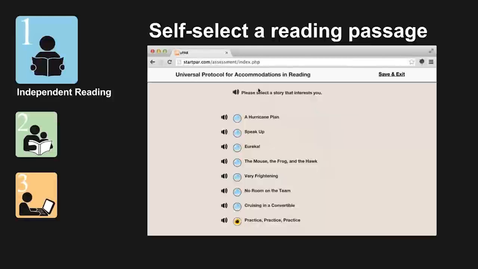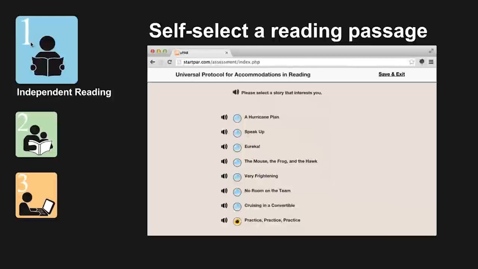The students will see screens that look like this. This is where they can listen with their headphones, make sure their audio is right, and then start choosing a passage. Before the students start, the teachers will have gone in and given us 2 pieces of information: what is the student's current grade level and what is their independent reading level?